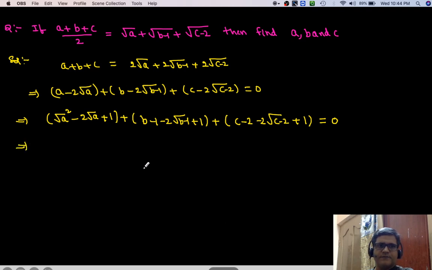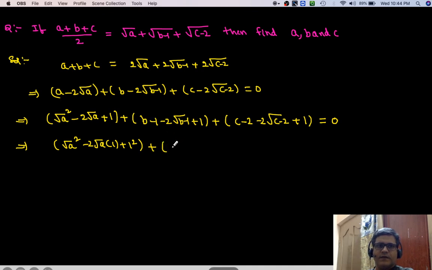This implies, now this is (√a)² − 2√a·1 + 1². This is the first bracket.